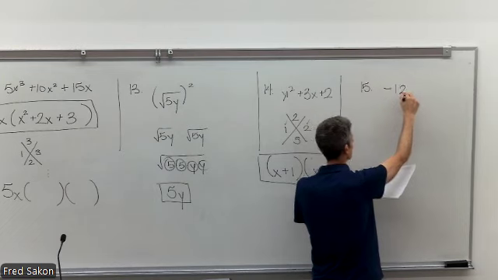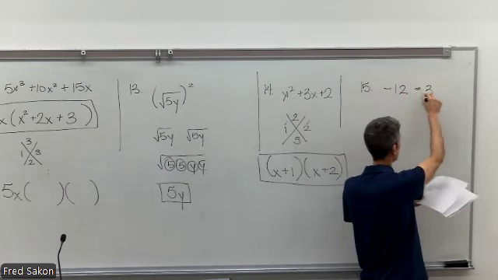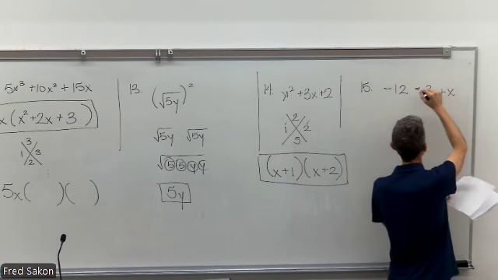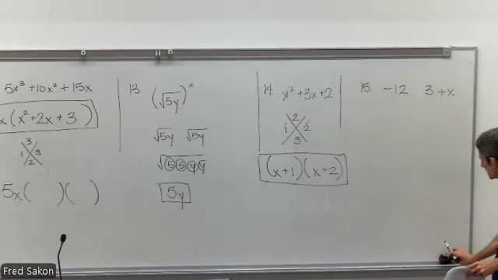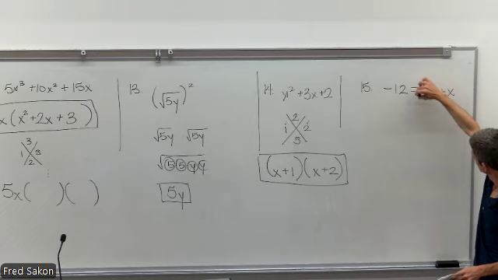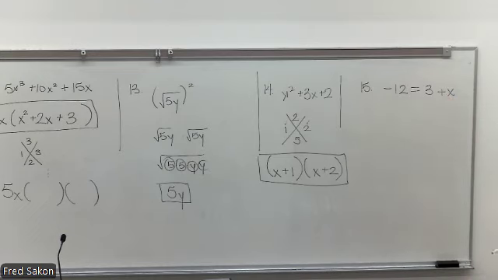We want to solve negative 12 equals 3 plus x. What should we do? We get x by itself. How do we undo that? Yeah, we have 1x.